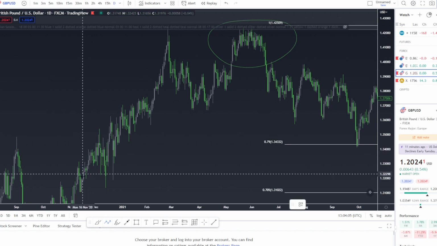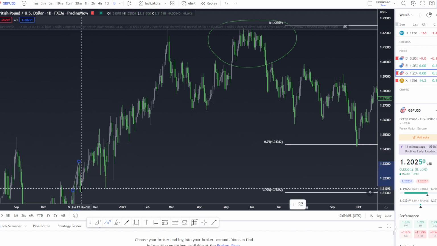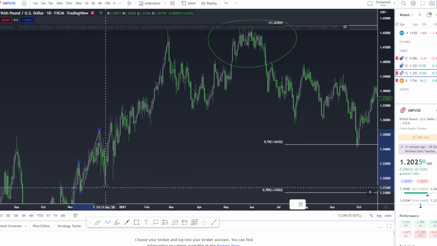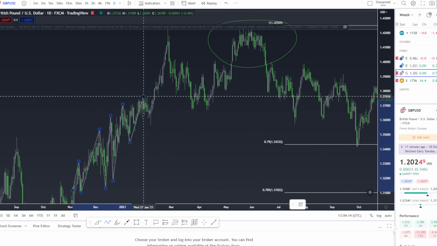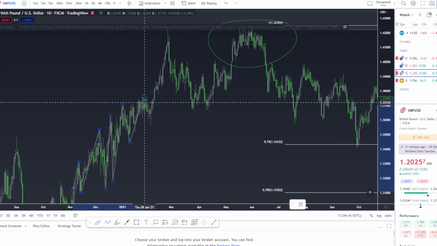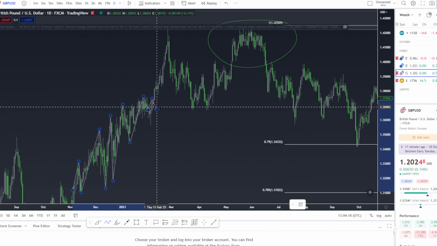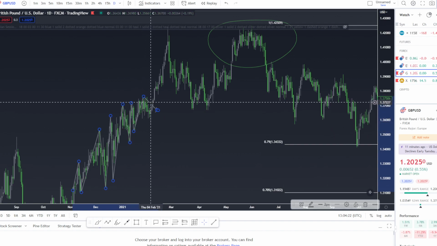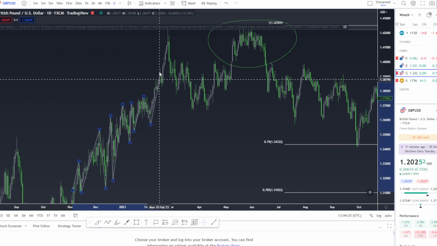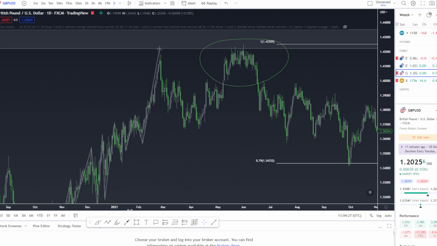If we get our path tool out, we can go high, low, high, low, high, low, high, low, high. Let me just move that to there, to there, to there, to there, and then finally there. Okay, and then when it came down, it did not break that.